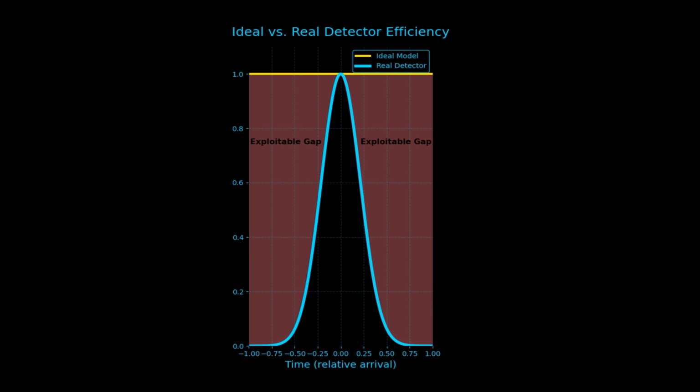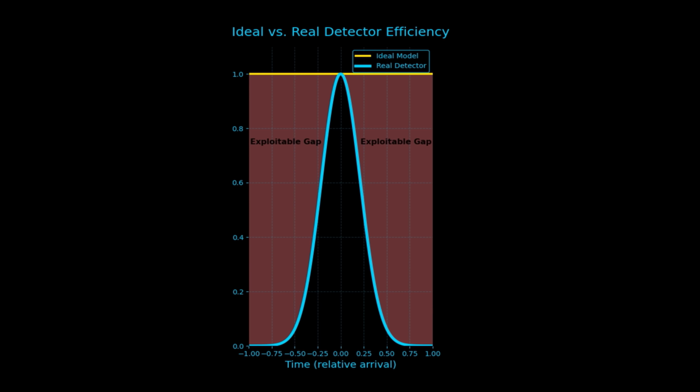These exploitable gaps are therefore the foundation of several known time-shift attacks, where Eve introduces deliberate delays or advances to the photons to force the legitimate parties into sampling regions of the detector response curve that they do not realize are insecure.